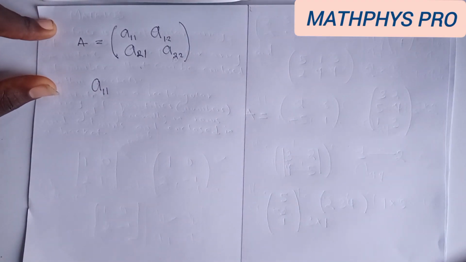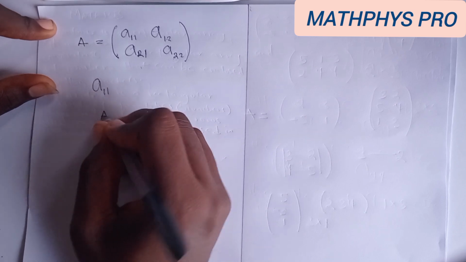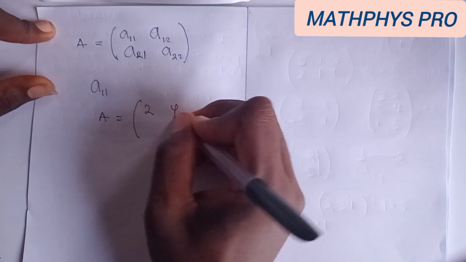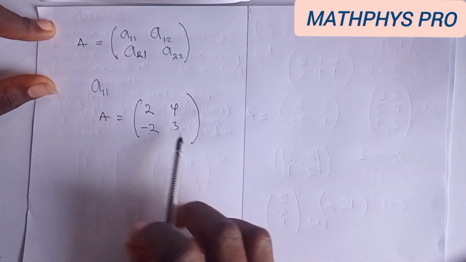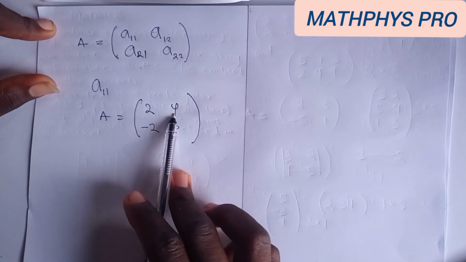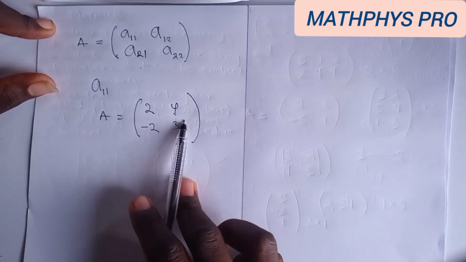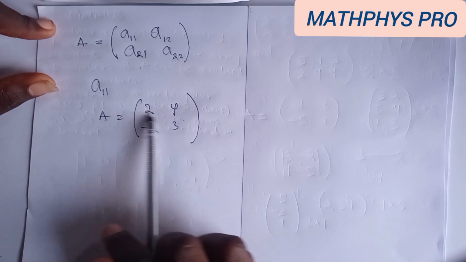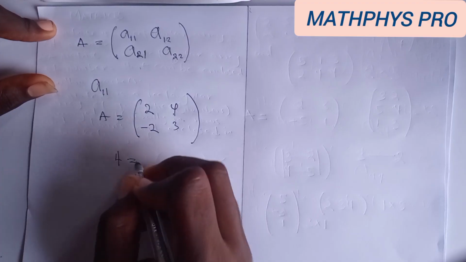So for example, if I ask you, we have 2, 4, minus 2, and 3. What position is the element 4 in this matrix? The element 4 is in the first row and the second column. This is how you write it.